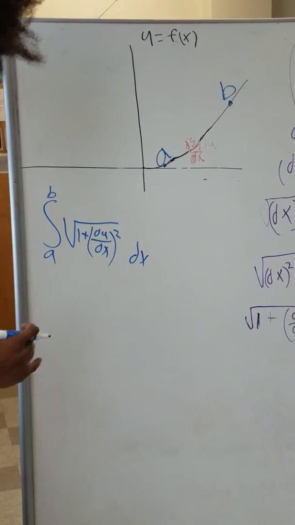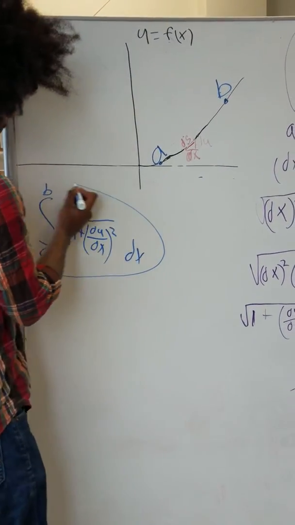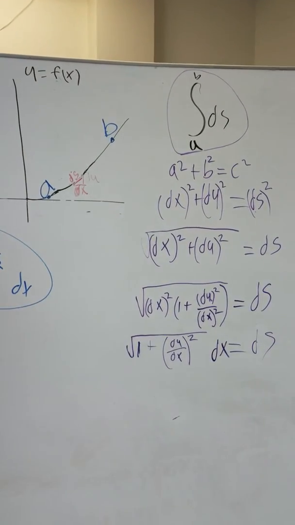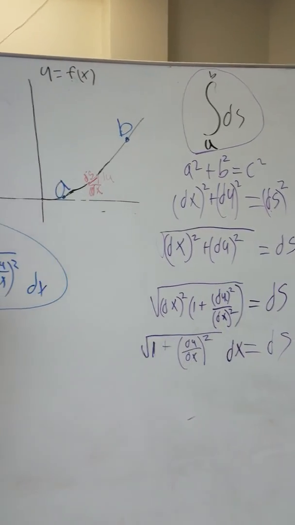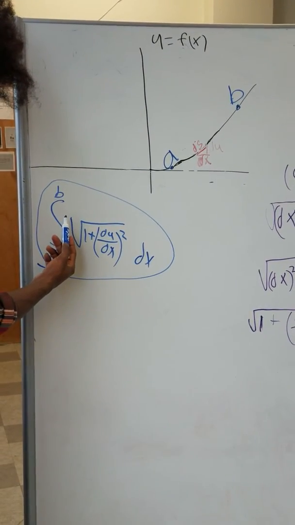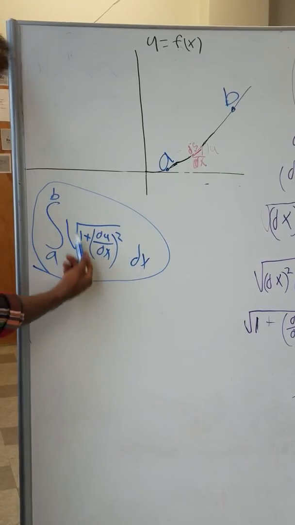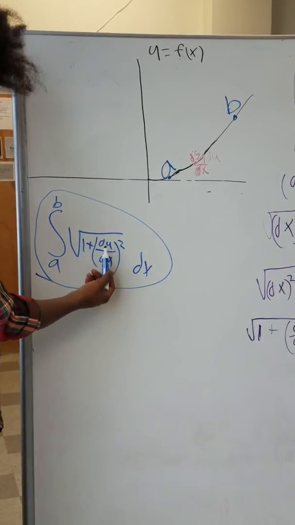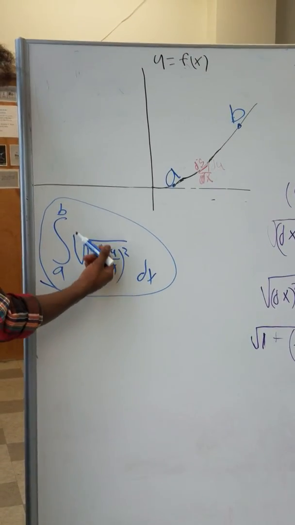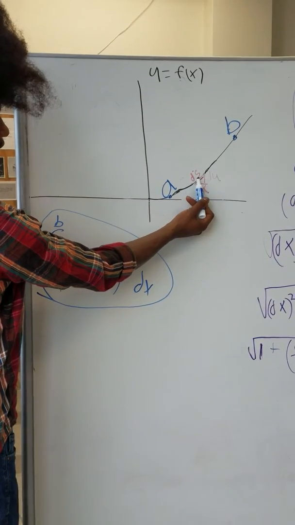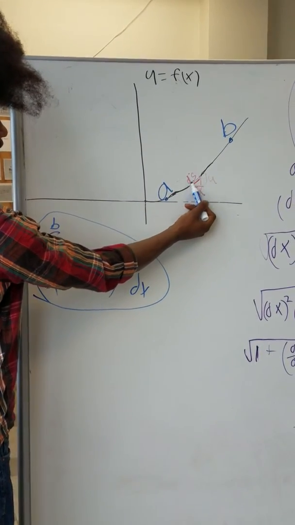So, now we have our equation. You see how we got there. And this is no longer an approximation. We are now taking an infinite amount of ds's, not a set amount like the rectangles or like the set amount of ds, a set length.